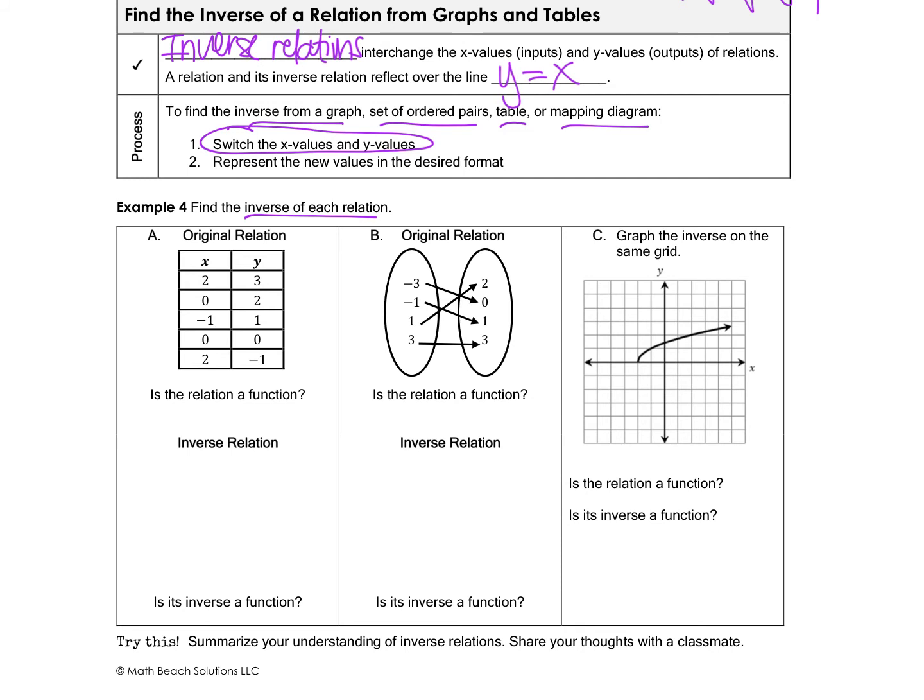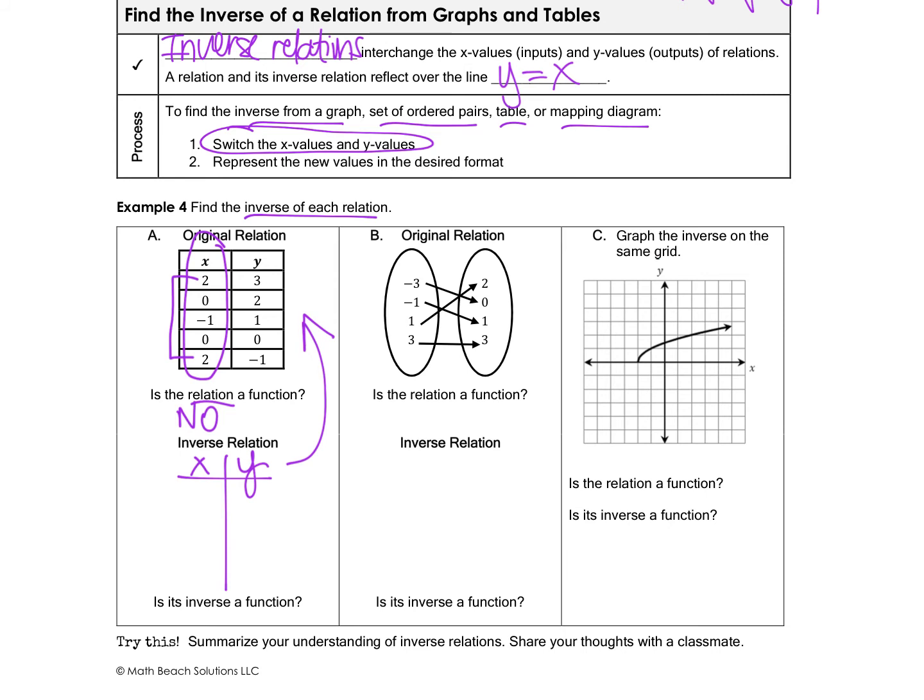Okay, so this says, is the relation, which is your original, a function? So remember, we learned in the front, looking at your x values, notice these repeat here, so this would not be a function. Now we're going to use a table, and we're going to find the inverse of this up at the top. So remember, we just said to find the inverse, you're going to switch your x and y value points.